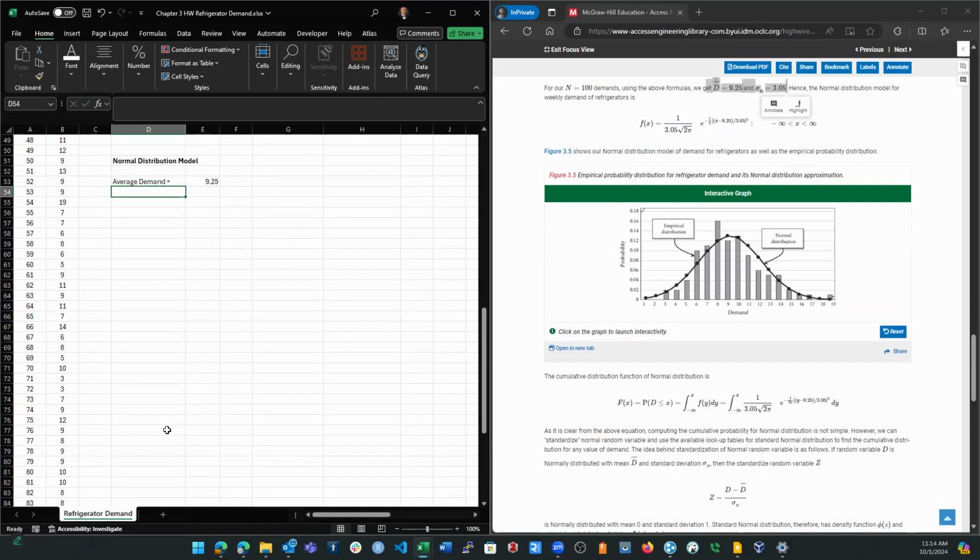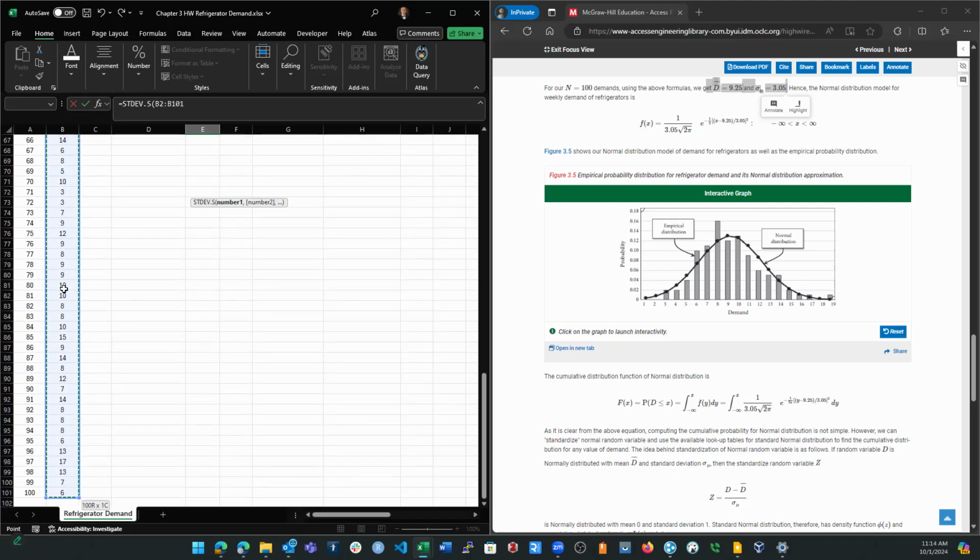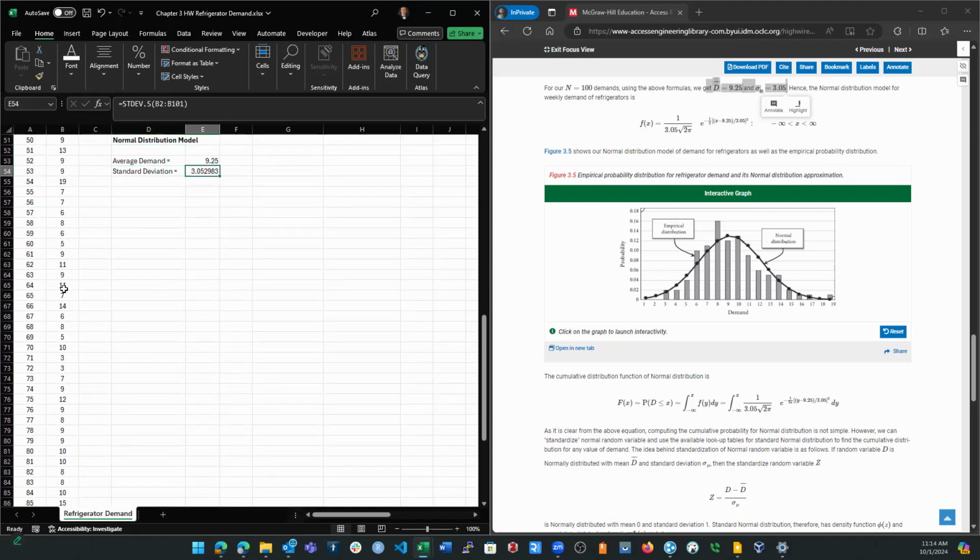The other thing we're looking at here is the standard deviation. And we will use an Excel formula for that as well. I'll use the stdev.s for sample. And what is the standard deviation of this demand? 3.05.